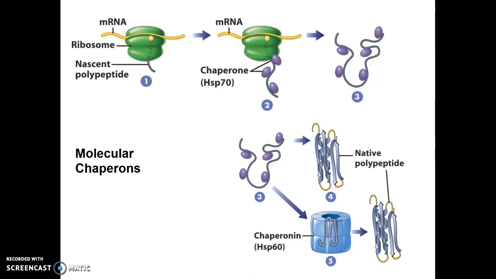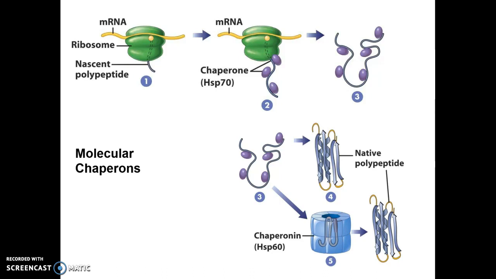Chaperone proteins or heat shock proteins are going to bind to those hydrophobic amino acids. In this case, we can see that as the protein is coming out of the large ribosomal subunit, HSP70, or heat shock protein 70 kilodaltons, is going to bind to those hydrophobic amino acids and make the primary structure soluble.